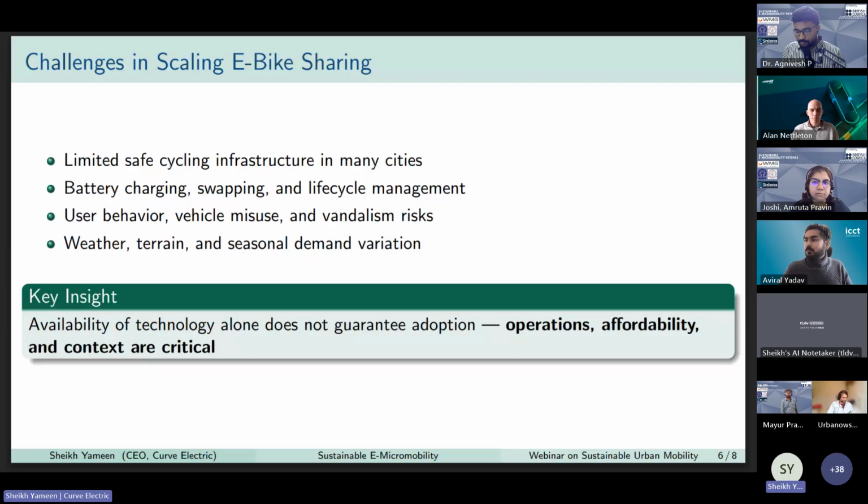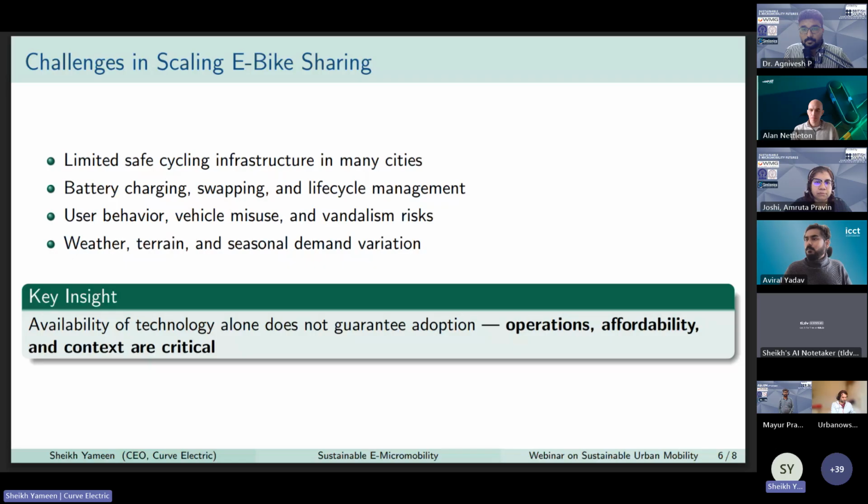If you put a docking station in the middle of a very, very busy road, you will end up adding to the problem rather than solving it. So we need dedicated cycling lanes, dedicated zones, and regulations around the speeds e-bikes should be allowed to go up to. There we need to rethink a bit. I think 25 kilometers per hour is something we can rethink.